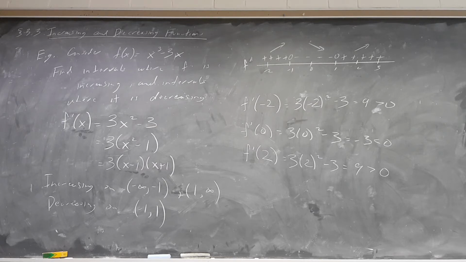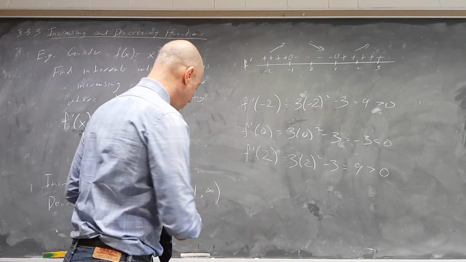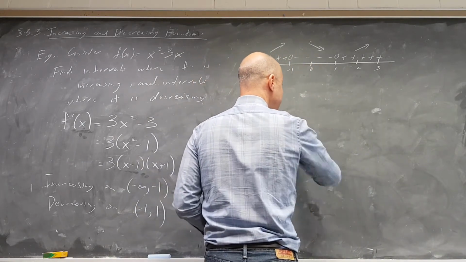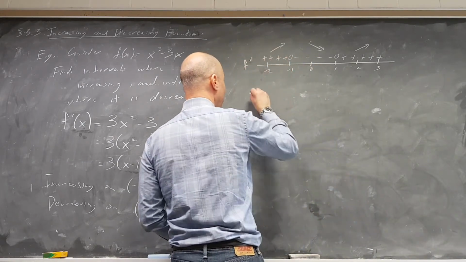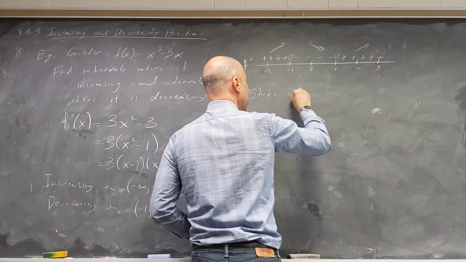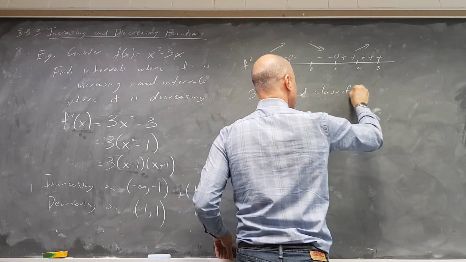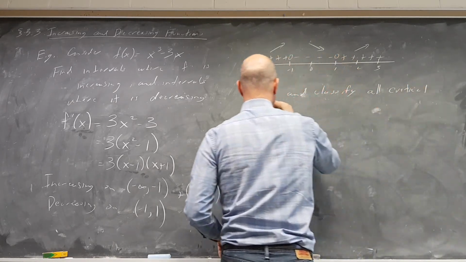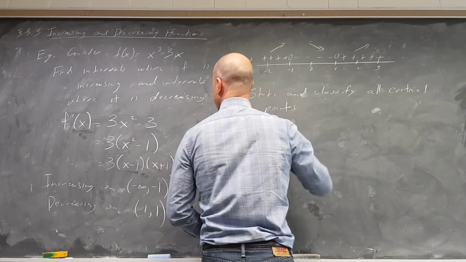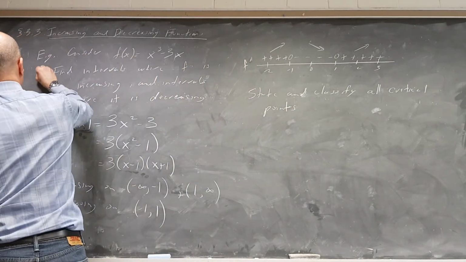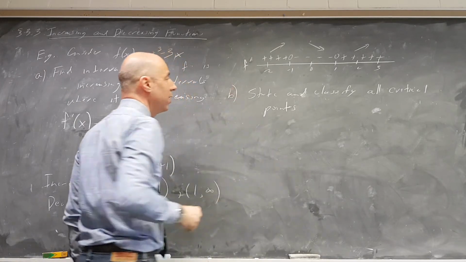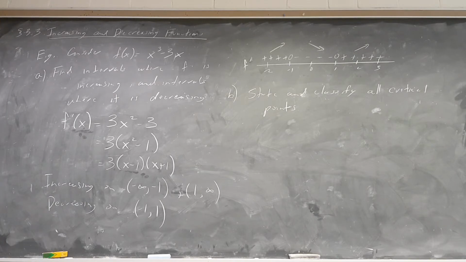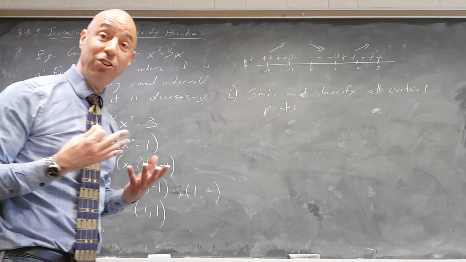Let me get rid of the arithmetic over here. Call this part A and this part B. If I said state and classify all critical points, remember the definition of a critical point.